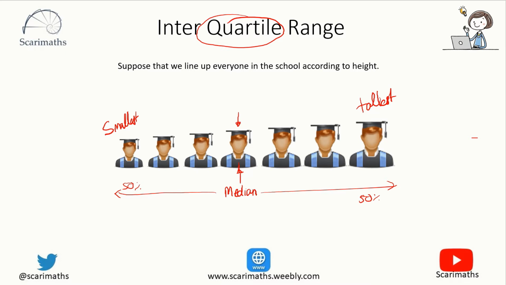What we'd rather know is where exactly would half of that be, a quarter. So whereabouts am I going to have 25% above, and whereabouts am I going to have 25% below?